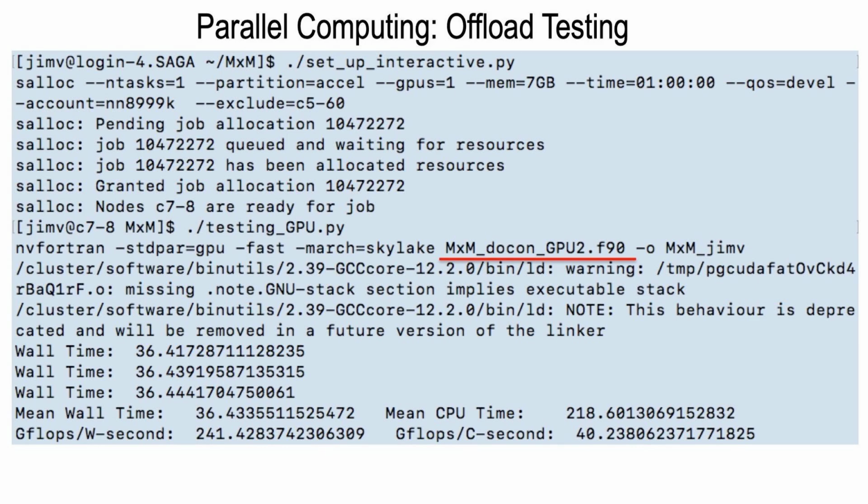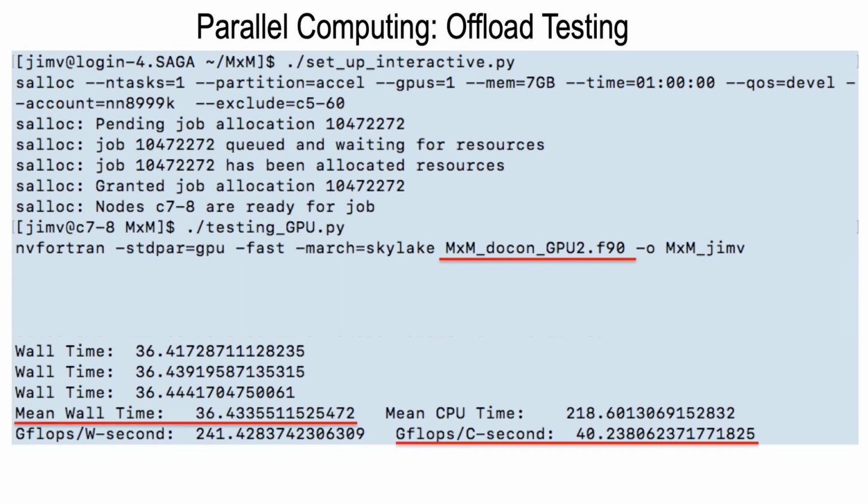We conduct one more test with the interchanged loops, and as previously, we encounter some warnings and notes. Let's remove them again. Now, the wall time has reduced to around 36 seconds. This suggests that the NV Fortran compiler couldn't execute the loop interchange as efficiently as the Intel compiler did.